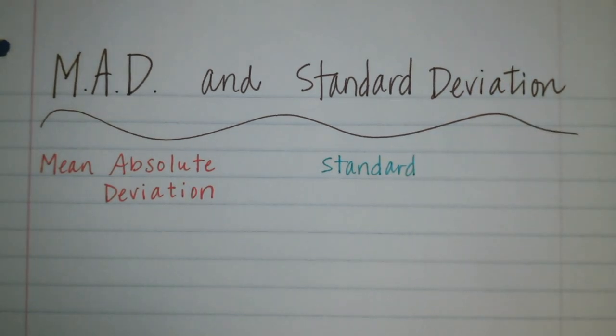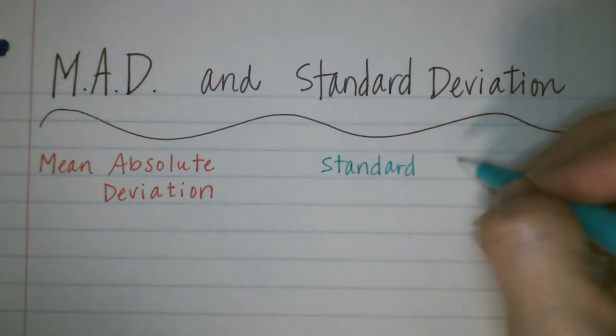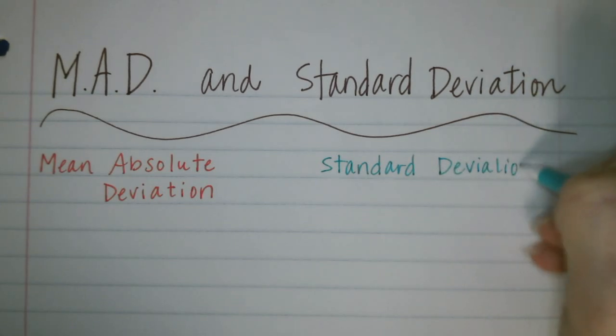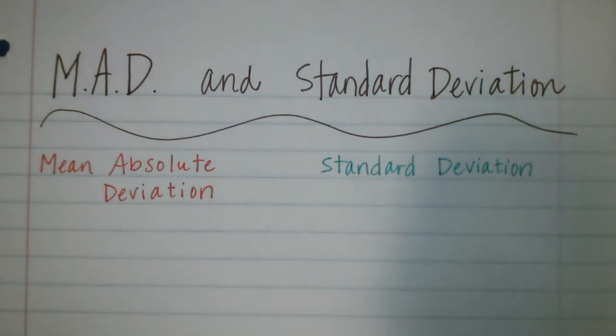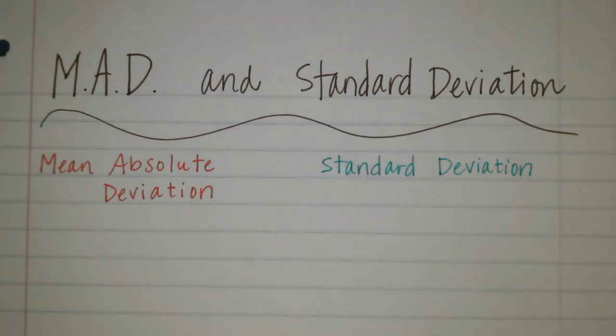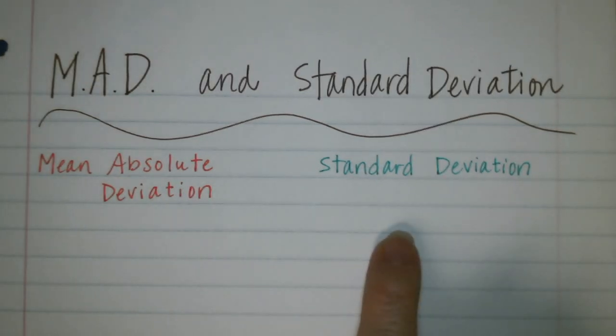A normal distribution is just to give you an idea, but we're not going into that. We are just looking at how to find these two different measurements. They're pretty similar, and you're going to see that when we go through the steps to determine what the answer is.